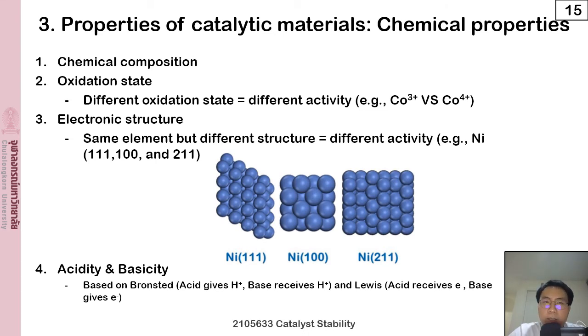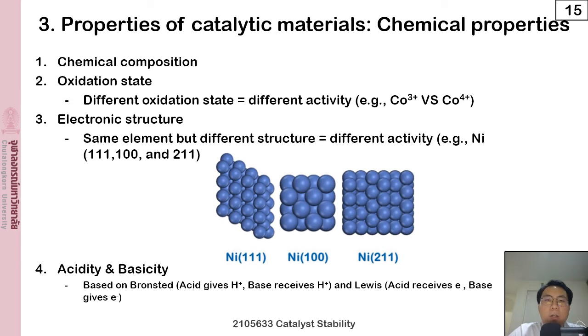For the electronic structure, the simplest explanation is that if you have the same element supported on the same support, and although you have nickel, nickel of different planes or facets will give you different activity.